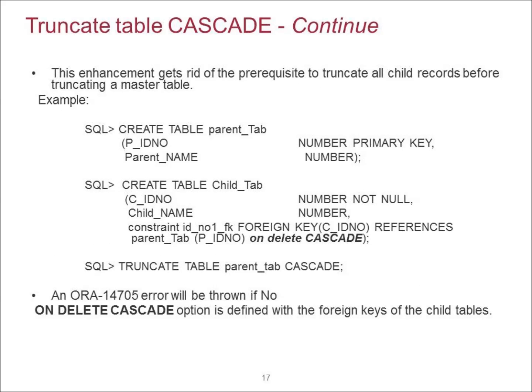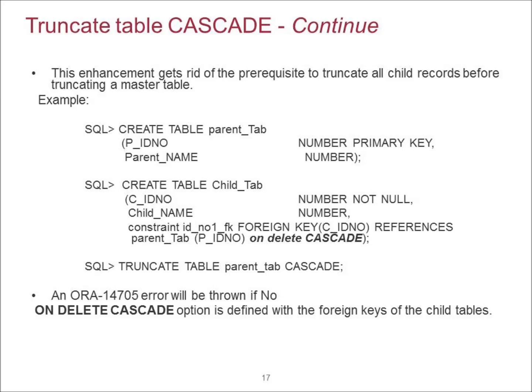Let's look at an example here. Basically, I'm creating a parent table with 2 columns, and then I'm creating a child table, and the CID number is pointing to create a reference to the primary key in the parent table, and I'm using this on delete cascade option there.